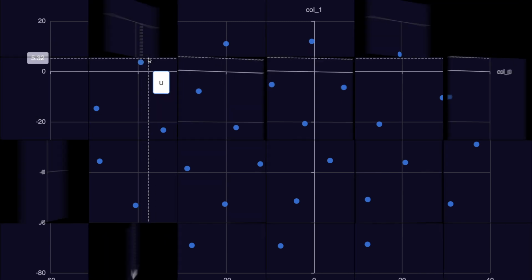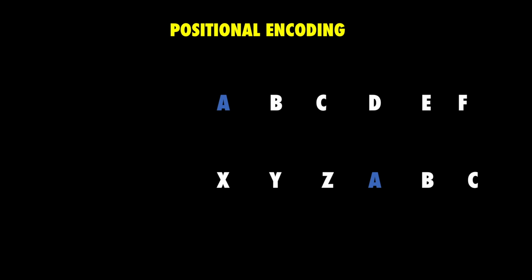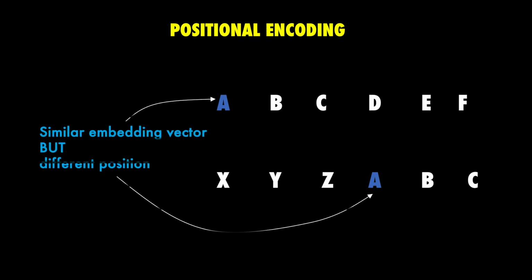Now, let's go to the next component, which is the positional encoding. In a large language model, the position of the word matters, even though words can have similar embedding vectors but different positions. The position can be encoded with positional embedding.